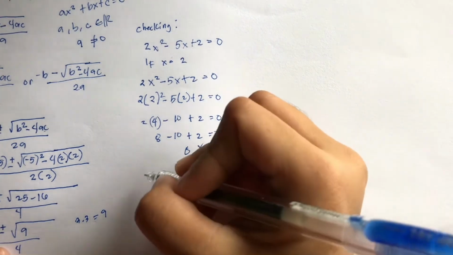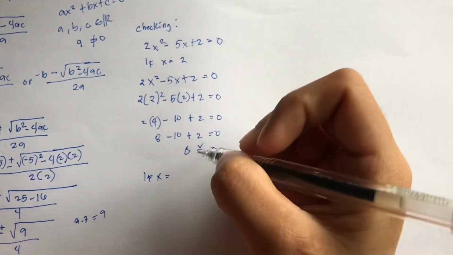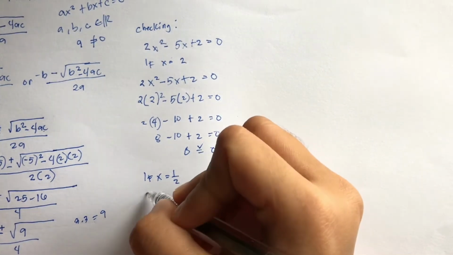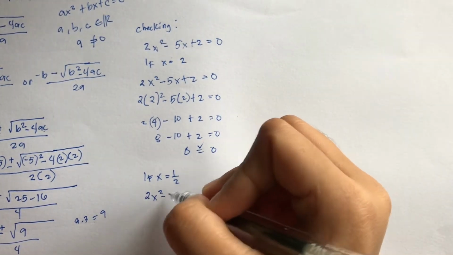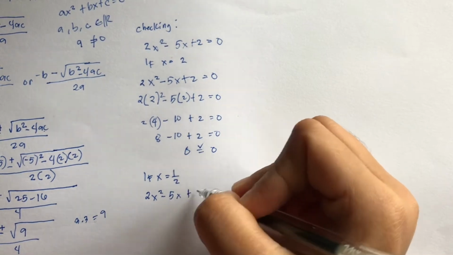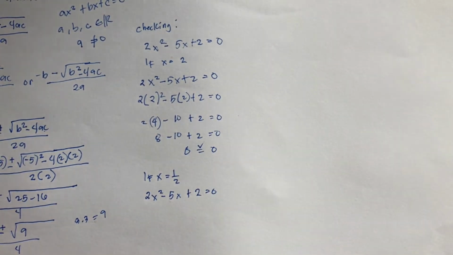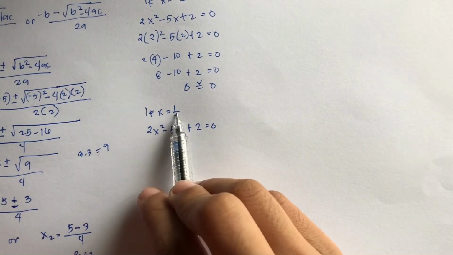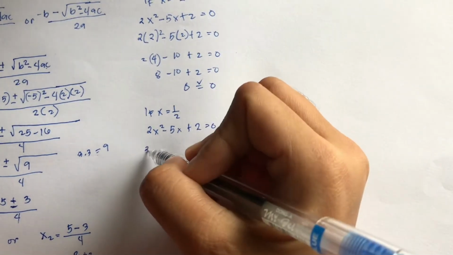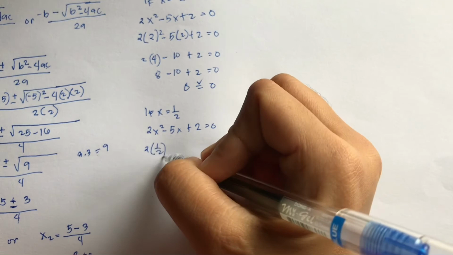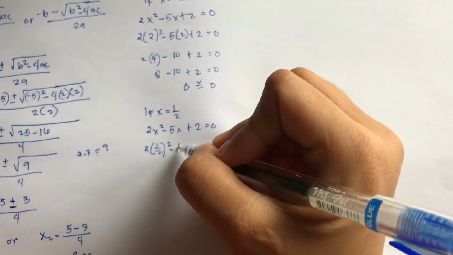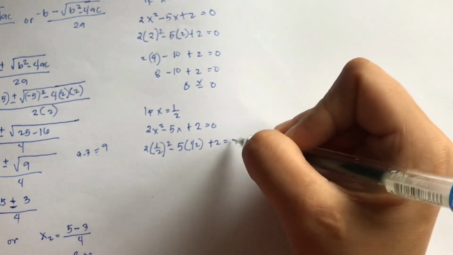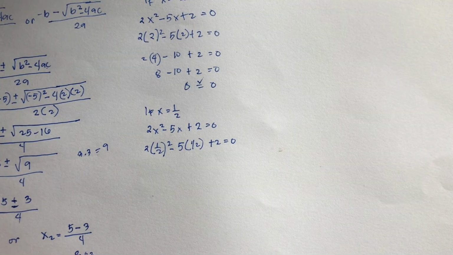Okay, what if x is equal to 1/2? We have the equation 2x squared minus 5x plus 2 equals 0. Now, we substitute 1/2 for x. 2 times 1/2 squared minus 5 times 1/2 plus 2 equals 0.